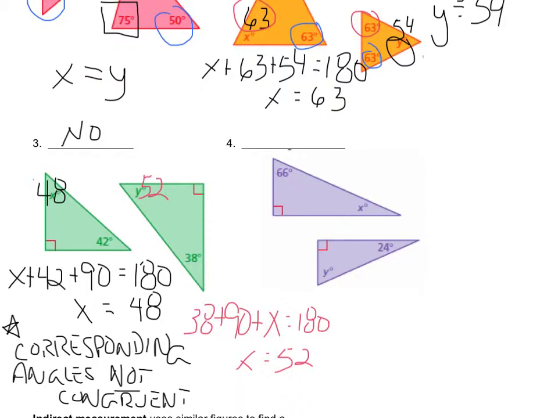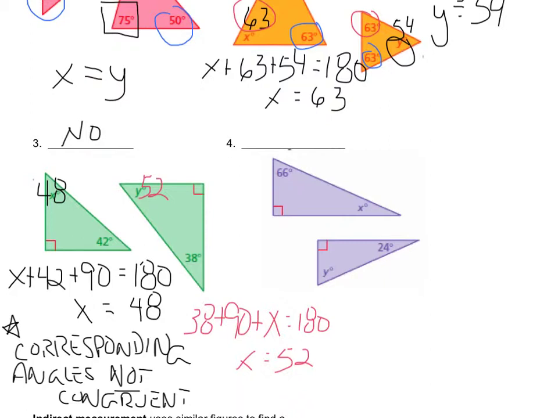So let's first look at number 3. If we do the same idea and find the missing angle of each triangle, we should hopefully notice that the missing angle on the left side triangle is 48 degrees. The missing angle on the right side is 52. Now that does not tell us that they are not similar.